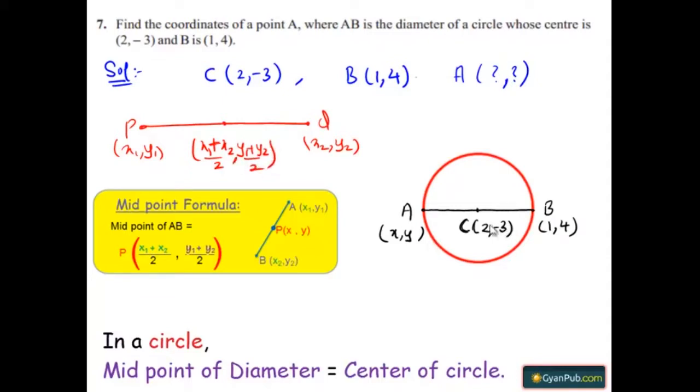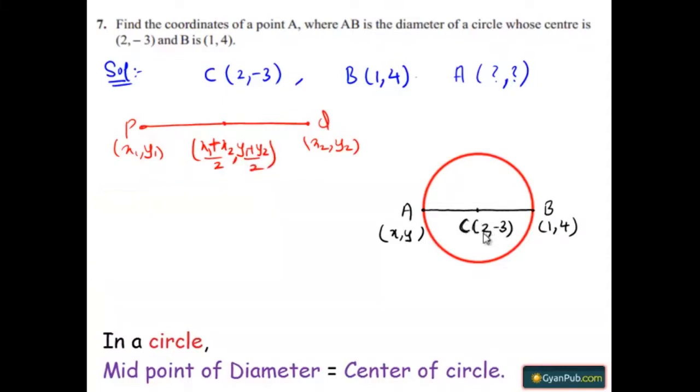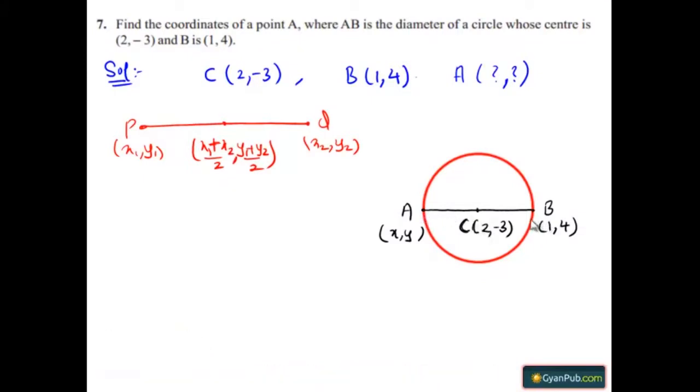We know that the center of the circle will always be the midpoint of the diameter of the circle. So, by the midpoint formula, we have C (2, minus 3) equals ((x plus 1) divided by 2, (y plus 4) divided by 2).